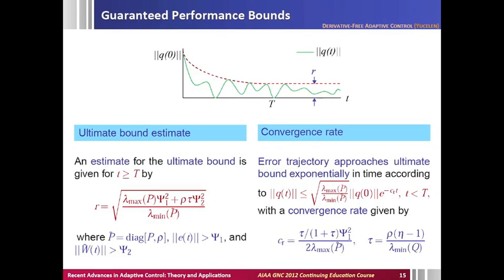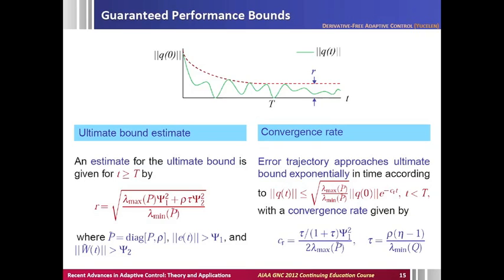Now we also have an additional design parameter. We can adjust the convergence rate. So basically what I mean by convergence rate is how fast it reaches this ultimate bound, tau star. So we can control the convergence rate of derivative-free law, and also we can control the size of this ultimate bound. So this can be analytically tuned other than using ad hoc approaches.